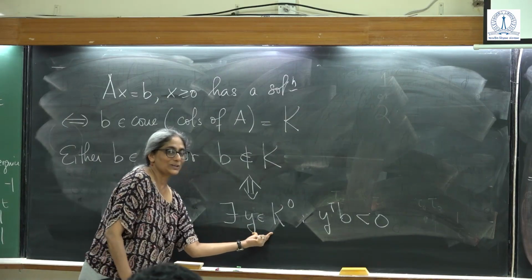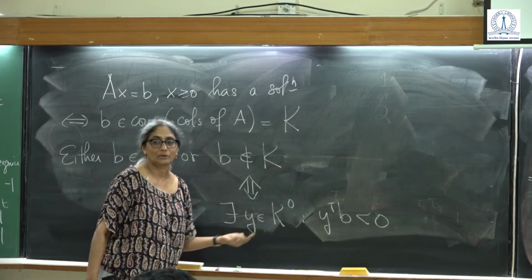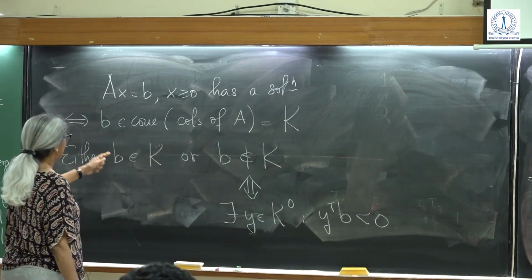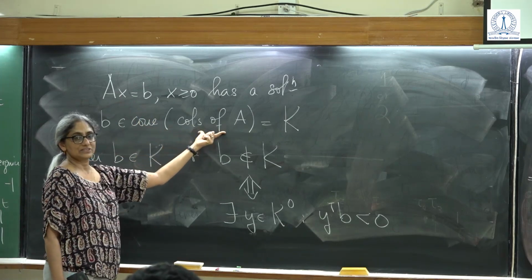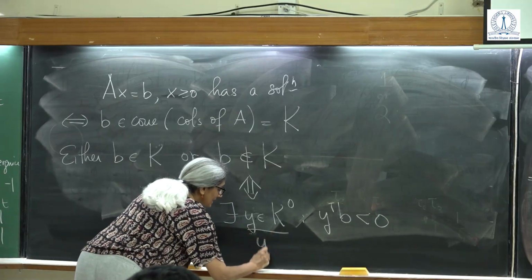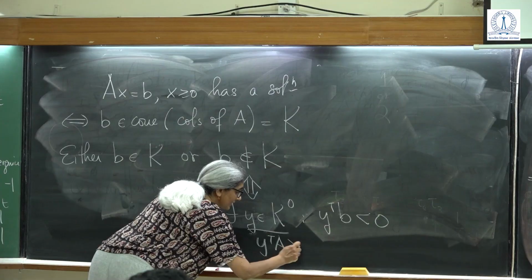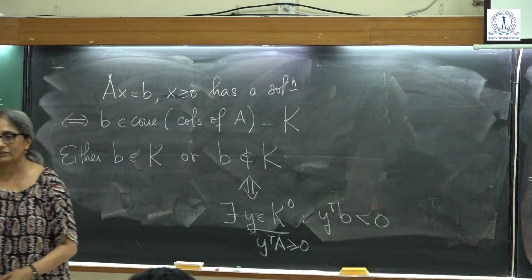Now let's write this. How do we write this in matrix language? y is in K polar. We already know how to write the K cone in terms of generators. Exactly. So this is the same thing as saying y transpose A is non-negative, and then that happens. That's it.